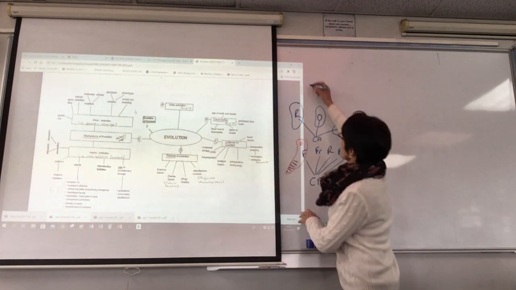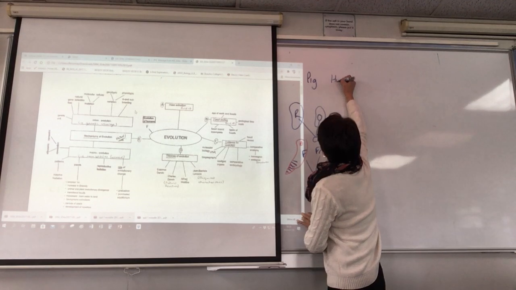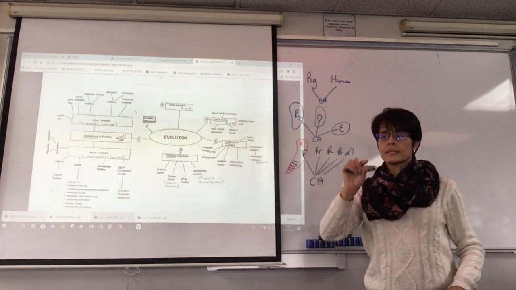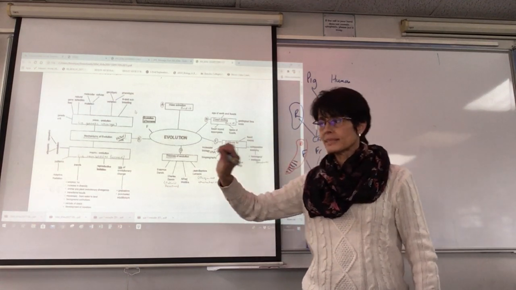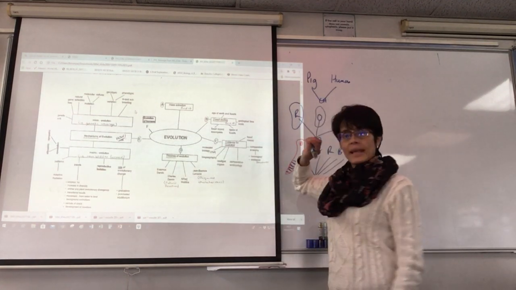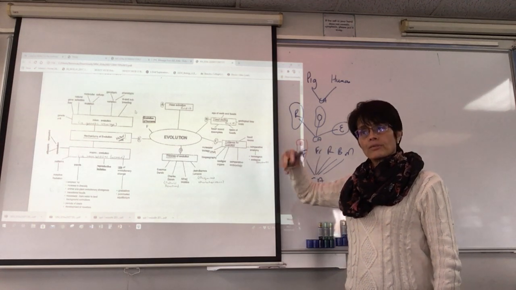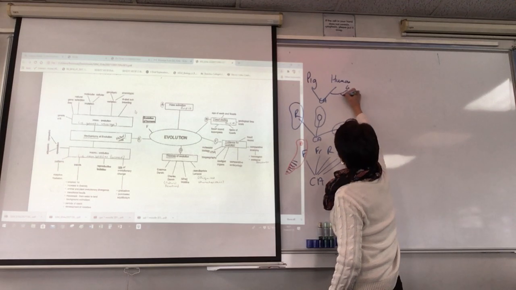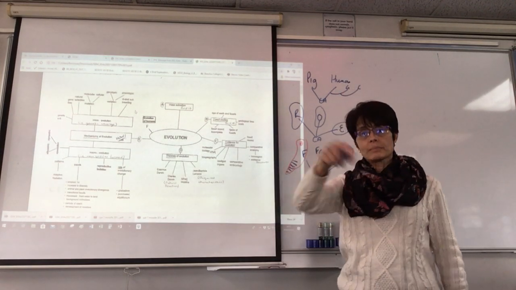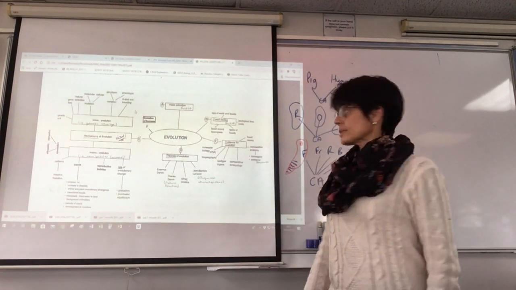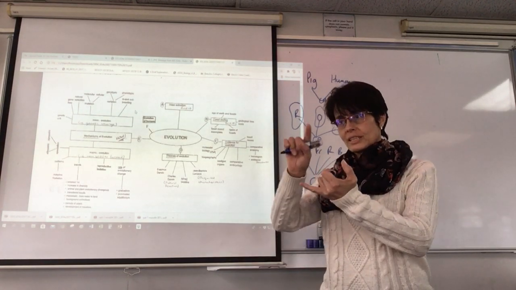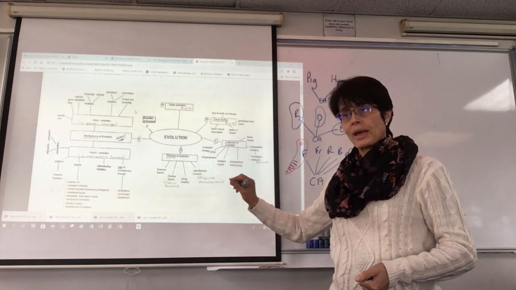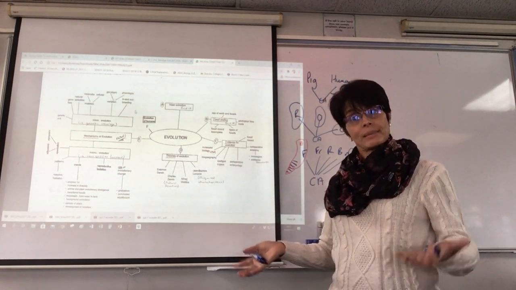So surely if pig insulin and human insulin are similar, they have a similar DNA sequence or nitrogen base sequence, surely that denotes a common ancestry, that they evolved from the same common ancestor. But in fact, gorilla and chimp insulin are even more similar to human insulin. So if you look at the DNA, the sequence of the nucleotide bases, or at the actual amino acids, the sequence of amino acids on the protein, they're very similar.